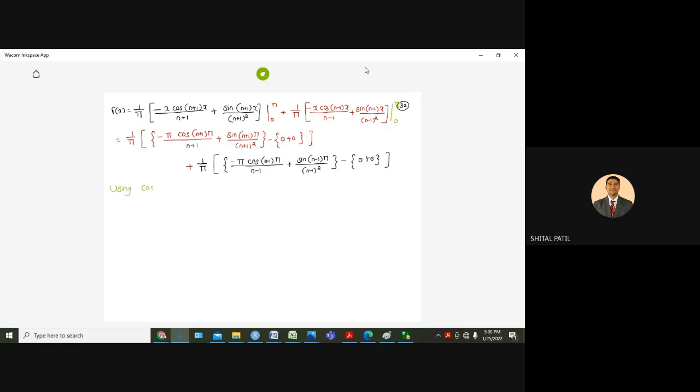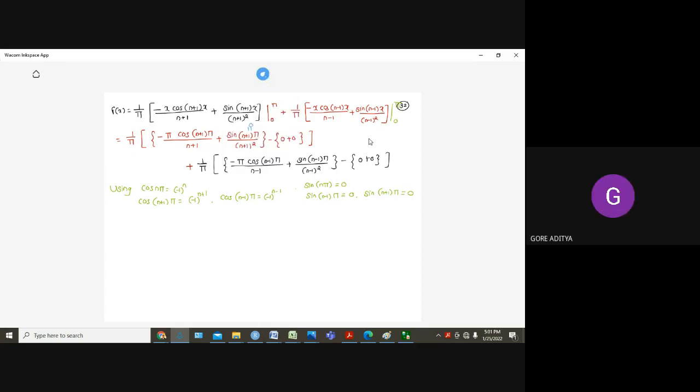Using sine of n minus 1 pi, 0. Therefore, these terms will become 0.